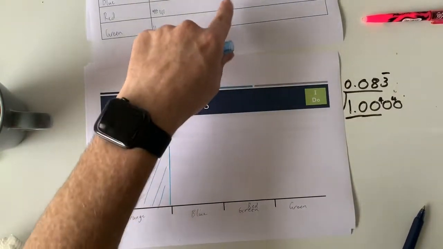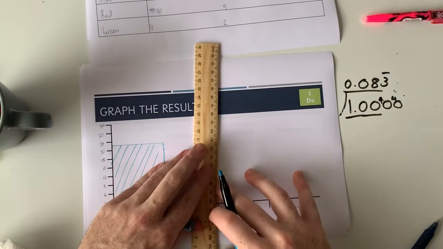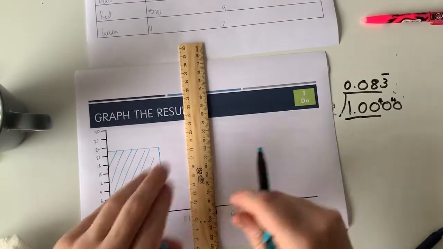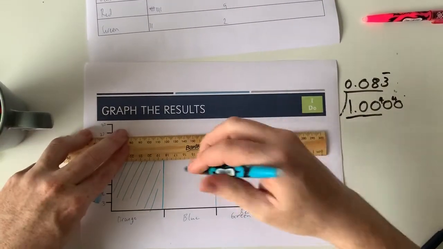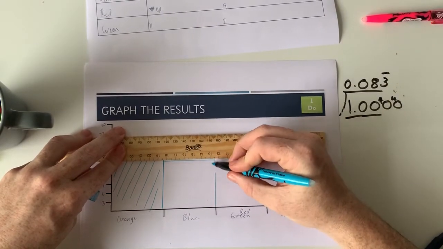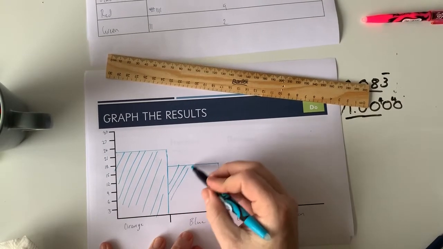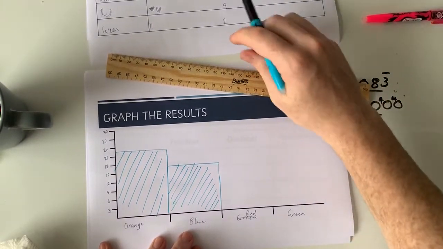Okay, blue was 16. Again, I'll rule the line up so I know how wide to go with my line. 16 is about here. Nine.